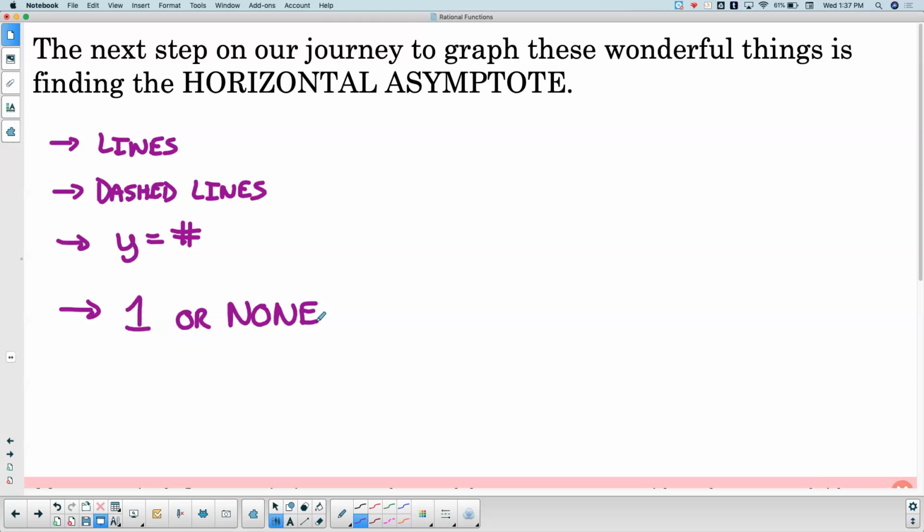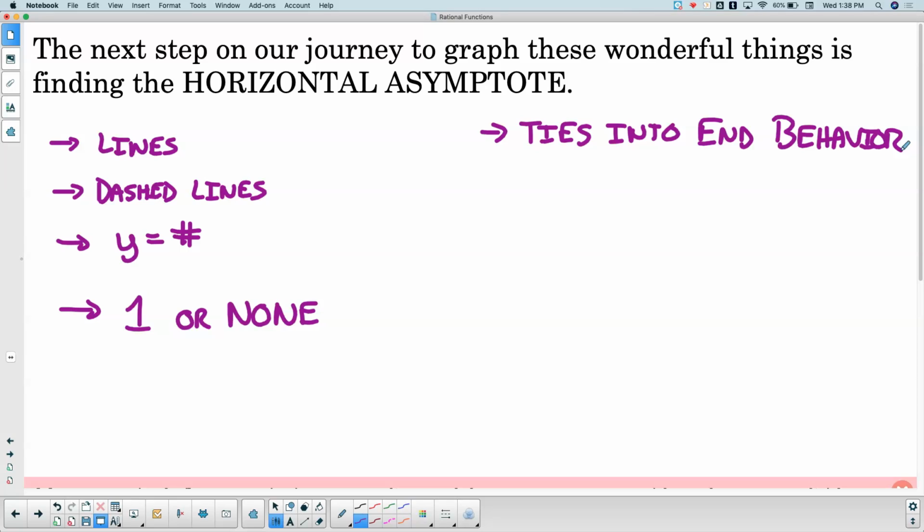Okay? Now, the nice thing about this is that this all ties into the end behavior. So vertical asymptotes tied into asymptotal behavior. Horizontal asymptotes tie into end behavior.